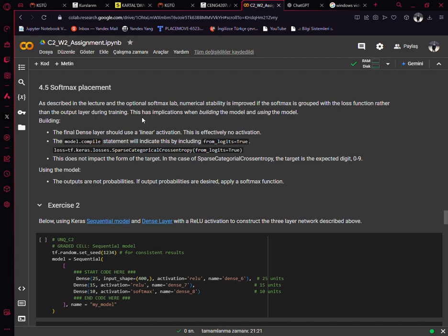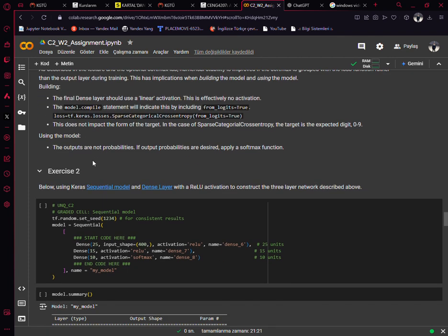The model.compile statement will indicate this by including from_logits=True. This does not impact the form of the target. In this case the target is the expected digit, 0 to 9. For using the model, the outputs are not probabilities. If output probabilities are desired, apply a softmax function.